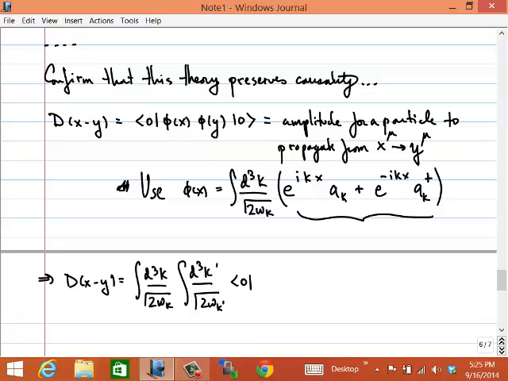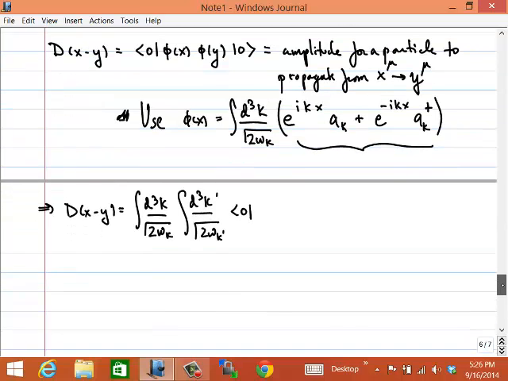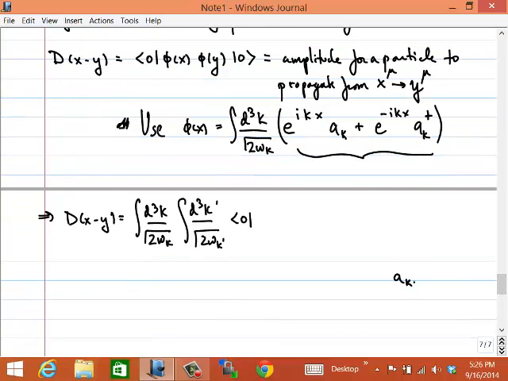And remember that a_k annihilates the vacuum when acting on the ket vacuum state, and likewise when acting from the right on the bra vacuum state, a_k dagger annihilates the vacuum.